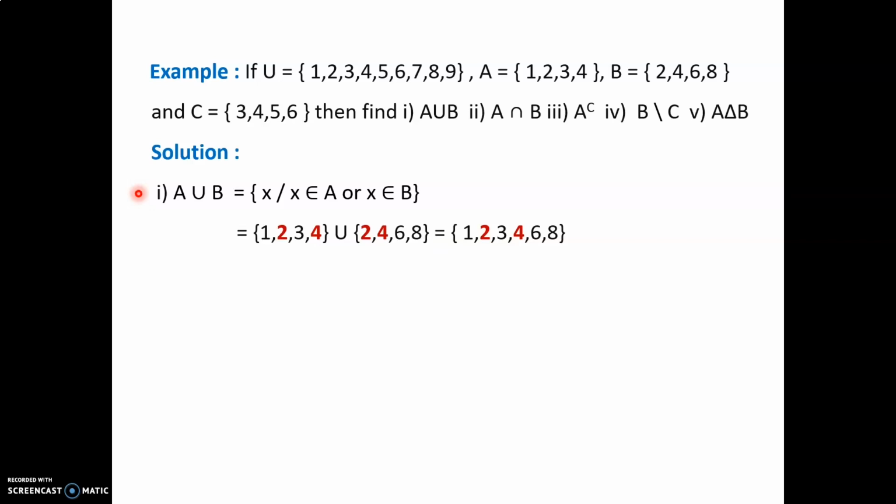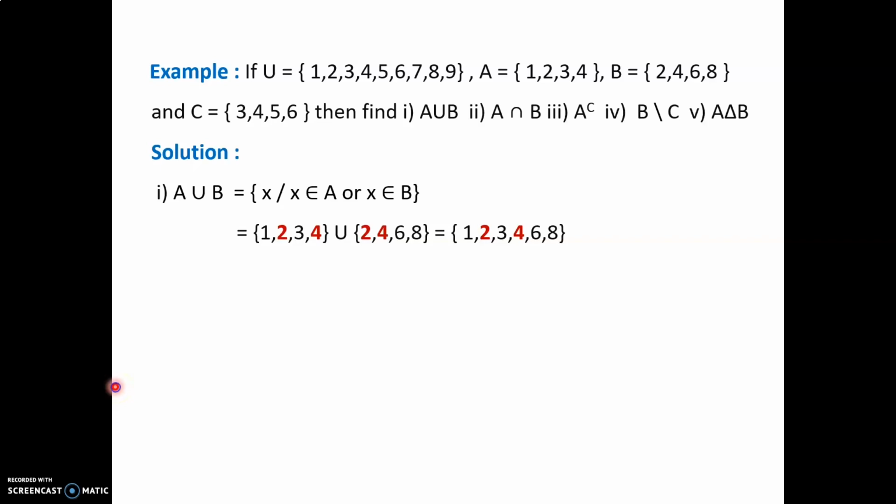Therefore, first we write 2 and 4 in the set of A union B. Then we write all remaining elements from set A and set B. And therefore we get A union B is equal to 1, 2, 3, 4, 6 and 8.